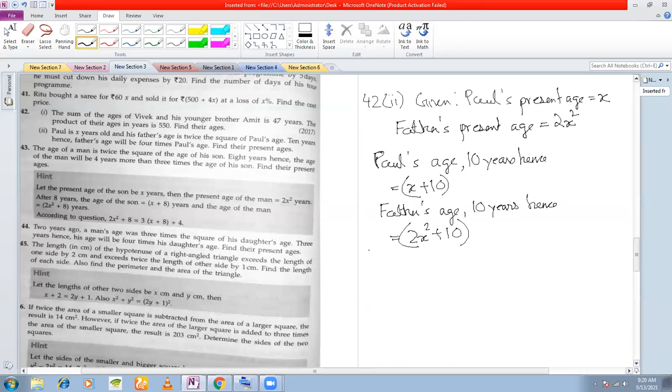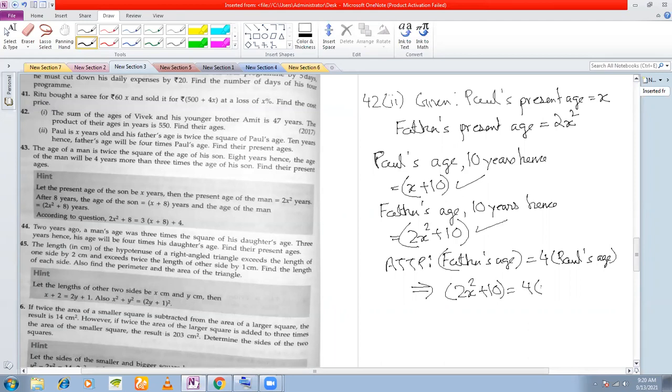So 10 years hence, father's age will be 4 times Paul's age. 10 years hence, what happens? Father's age becomes 4 times Paul's age. So what are the ages 10 years hence? This and this. So just put it here. And now you'll get a quadratic which you can solve very easily.